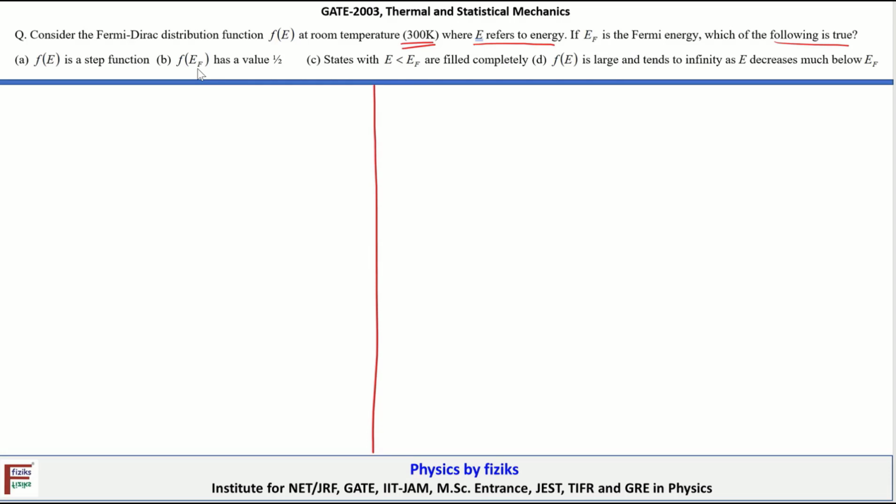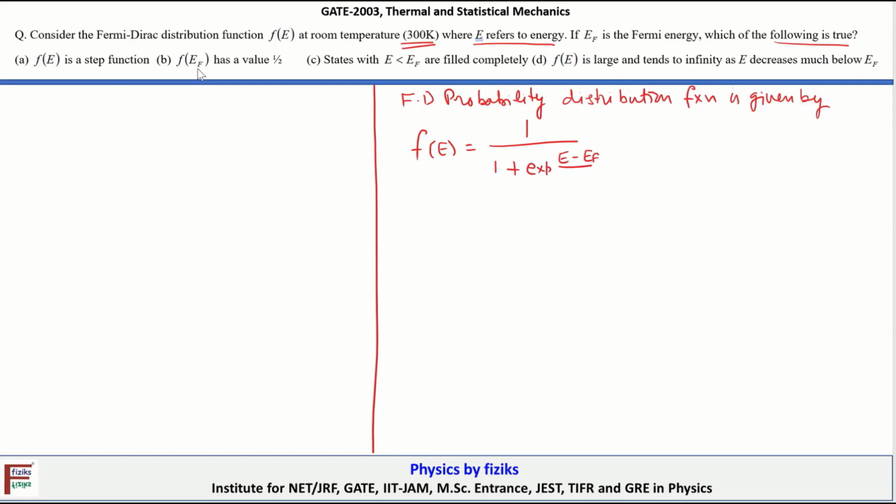This Fermi Dirac probability distribution function is given by f of E equal to 1 divided by 1 plus exponential of E minus EF upon kBT. That's the Fermi Dirac probability distribution function.